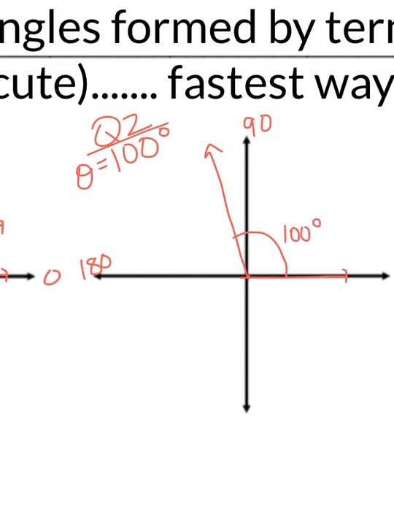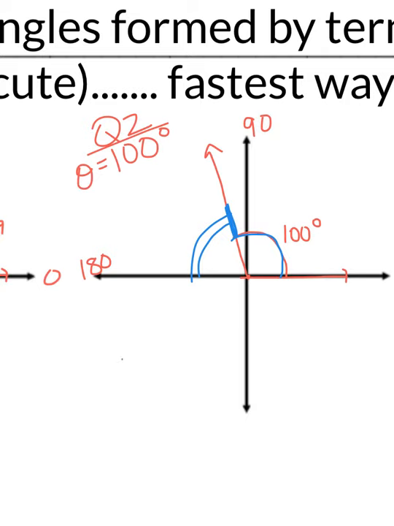It is the fastest way for me to get to the x-axis, right? That's what a reference angle is. So if I were to start on my terminal side, right there, the fastest way for me to get to the x-axis would be to go this way. If this piece here is 100 degrees, if I were to go all the way around, it would be 180.